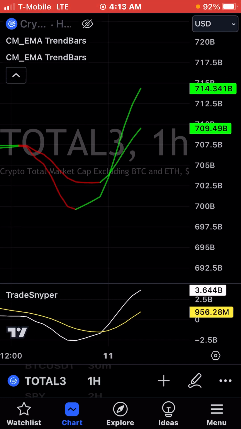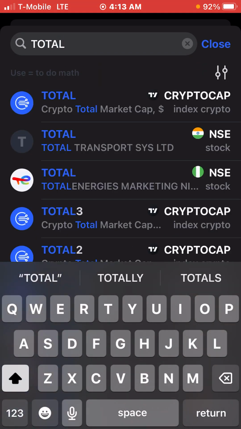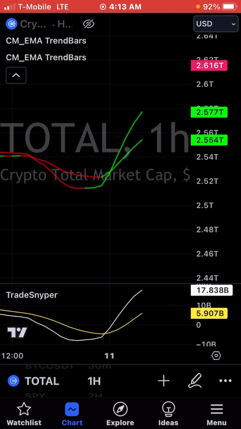So if you want to trade the altcoins, look at Total 3. Total 2 will give you the number with Ethereum in there, and then the total market cap will give you the overall total market cap. So what I do is I focus on the total market cap. But if you want to trade altcoins, make sure you do Total 3.